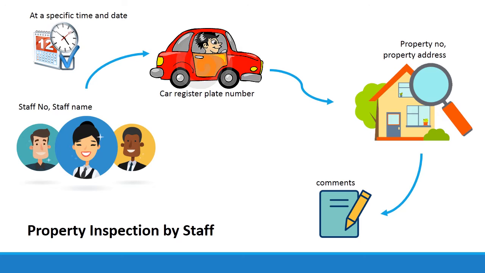The property itself has a property number and property address. And then the staff doing the inspection can create comments about the property, whether the property needs to be fixed or anything else that they have seen in the property.